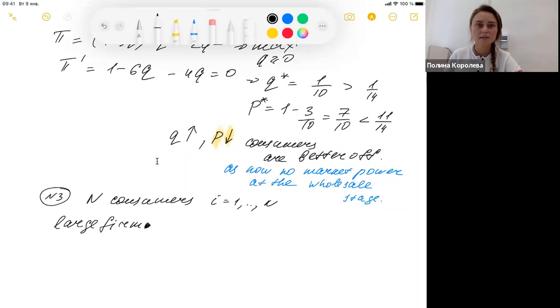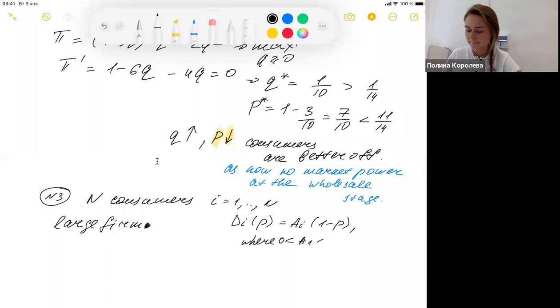Consumer i has a demand function like this: a_i times (1 minus price), where this constant a_i is different for each consumer.